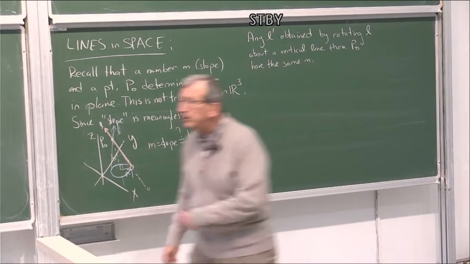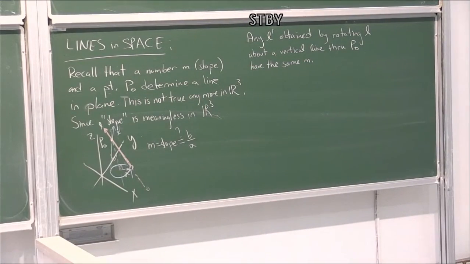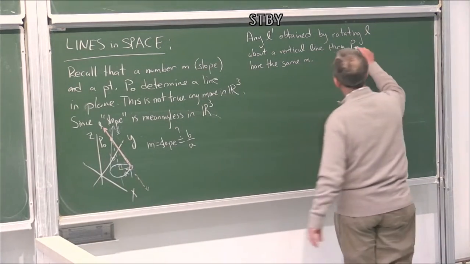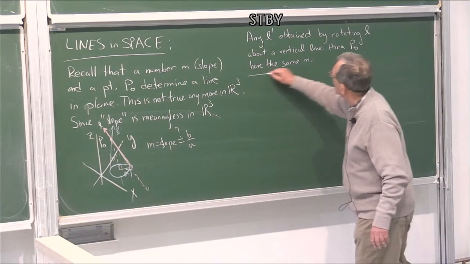So, conclusion, slope and a point do not define a single line.